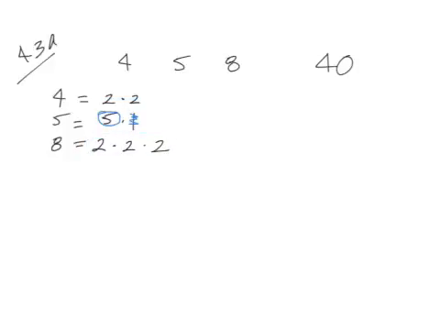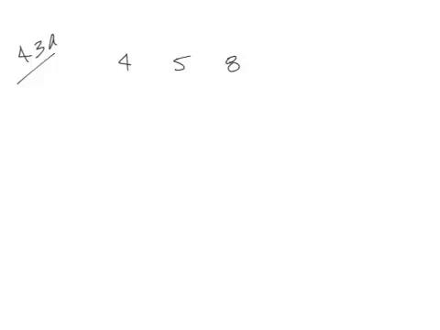So let's go to example number 43.1. And they give us 8, 15, and 100. So, prime factors of 8: 2 times 2 times 2. Prime factors of 15 are 5 times 3.